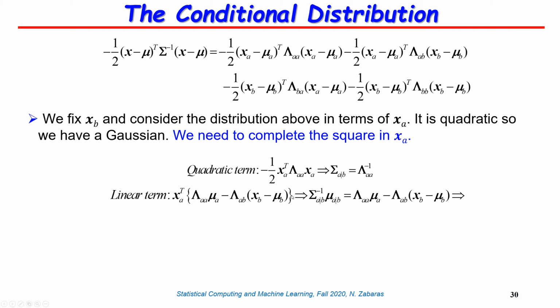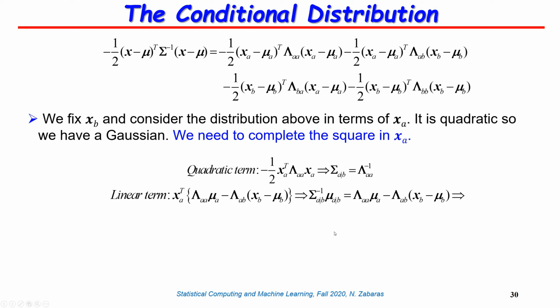So what did we say for the mean of this conditional? This whole term here, which is written on the right hand side, it better be sigma inverse times mu, and sigma is this precision inverse.